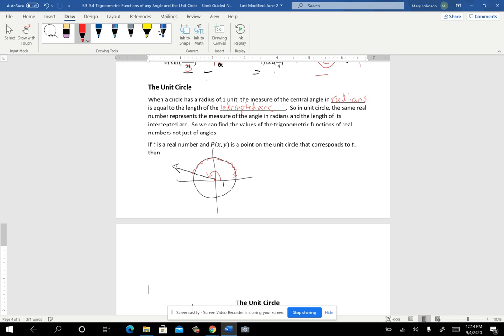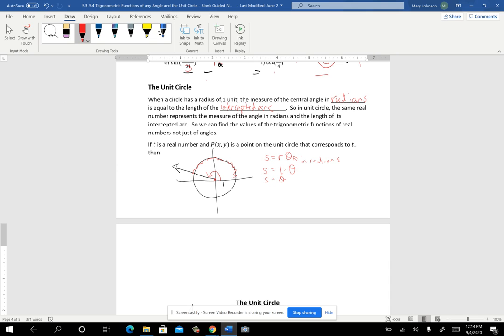And the reason for that is, if you remember, the length of the intercepted arc is supposed to be the radius times theta, where theta is in radians. And so S would equal 1 times theta in radians. So S and theta are really the same thing if you're on the unit circle.